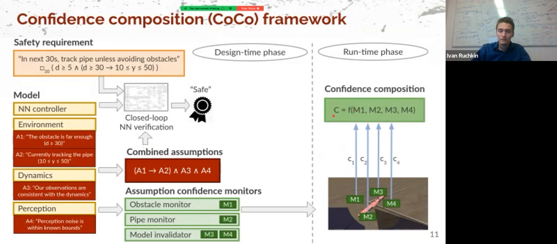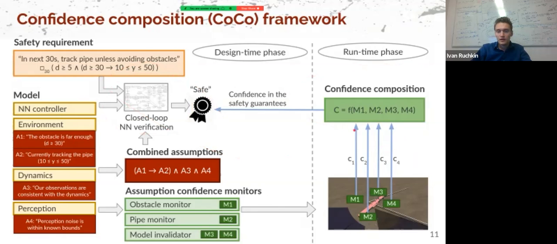And if we do this well, our overall confidence c is going to quantify the confidence in the safety guarantees that we obtained at design time. And this confidence is a conservative proxy for the confidence in safety itself, which is what we wanted to begin with. So this is the overview of the framework. You can see how it combines heavyweight, computationally intensive analysis at design time with lightweight composition at runtime.